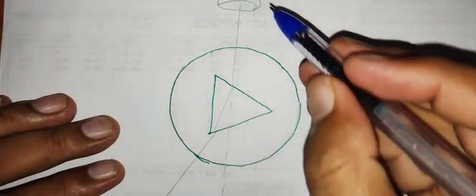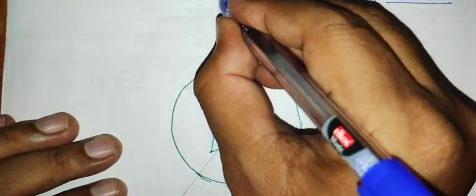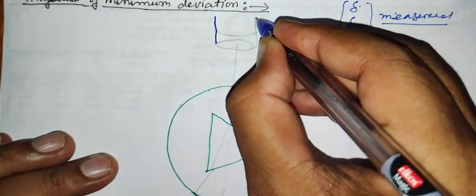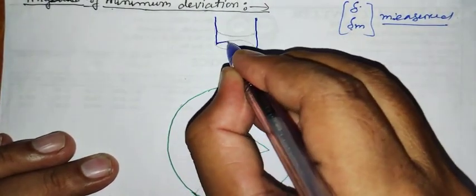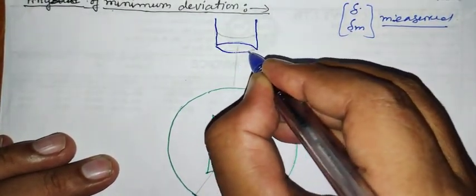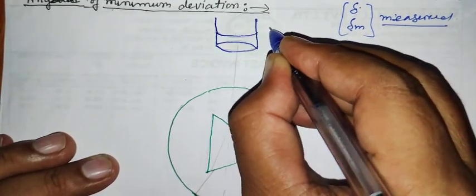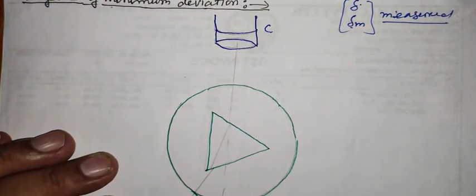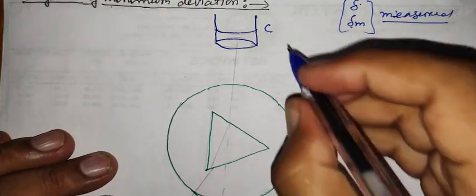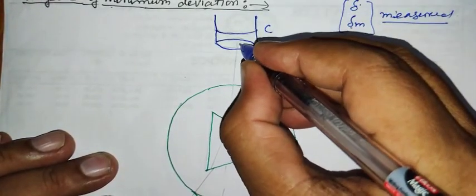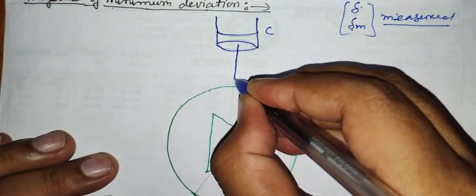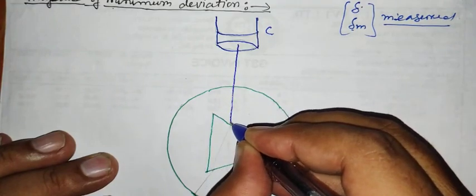And here, see, the collimator and telescope are represented in short form, and with the help of this a monochromatic light is allowed to fall.